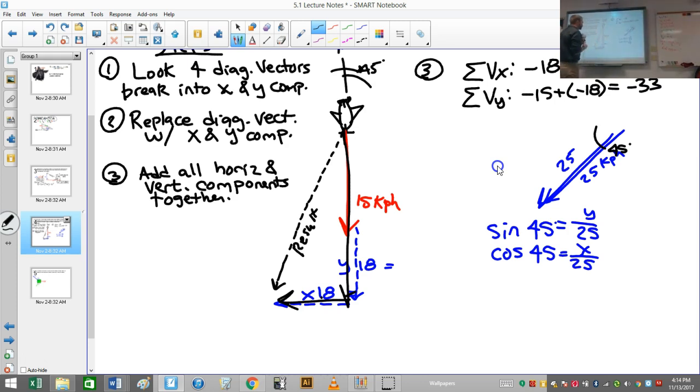So what I've got, I use the Pythagorean theorem to find the resultant.